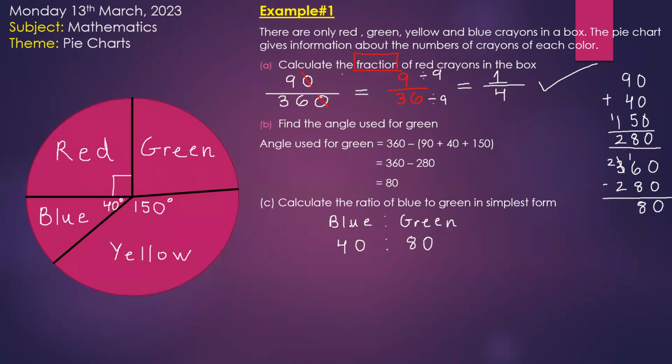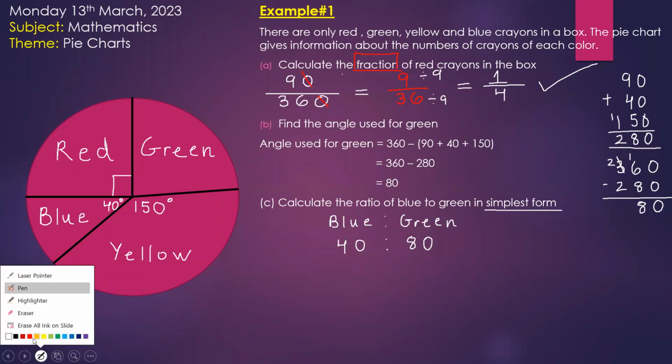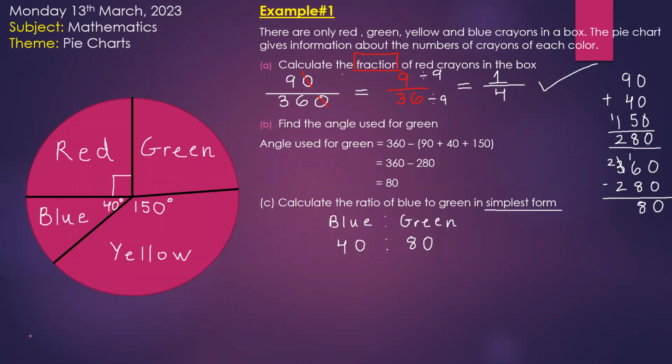And so what are we going to do here? Remember what they say? Simplest form. So what are we going to do here? We can divide by 2? No, use a bigger number. Divide by 10.